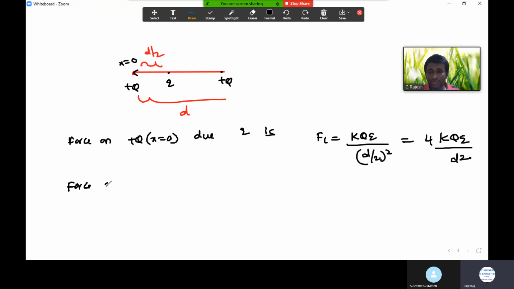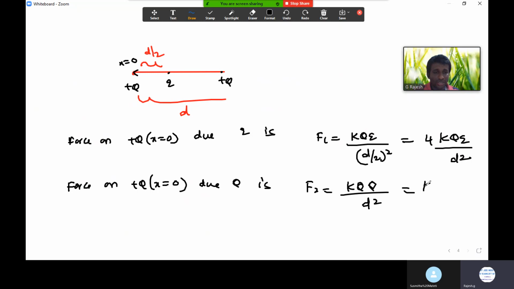Now force on plus Q at x equal to 0 due to the other Q: the distance is d, so F2 equals k Q into Q by d square, that is k Q square by d square.